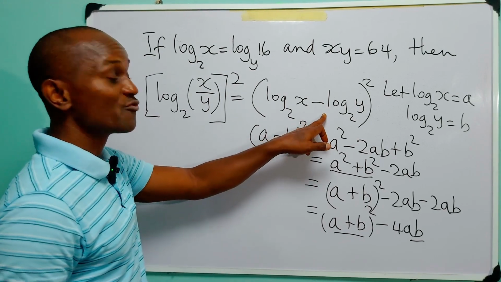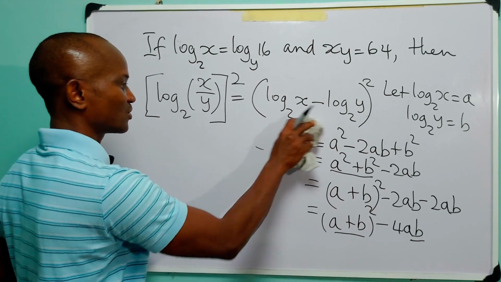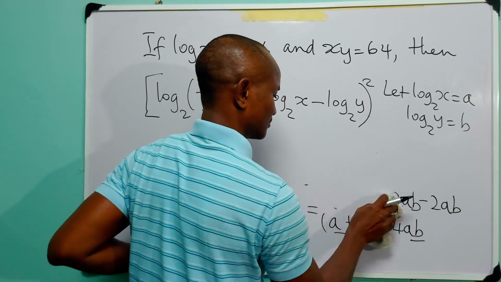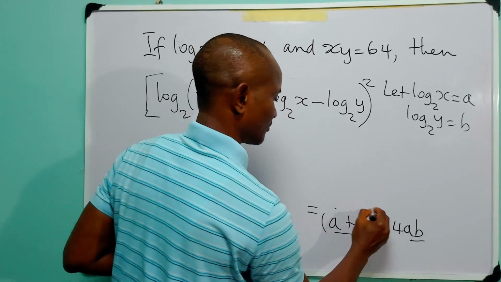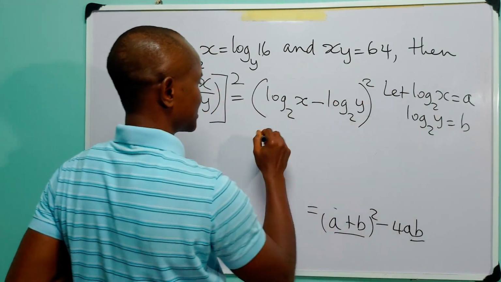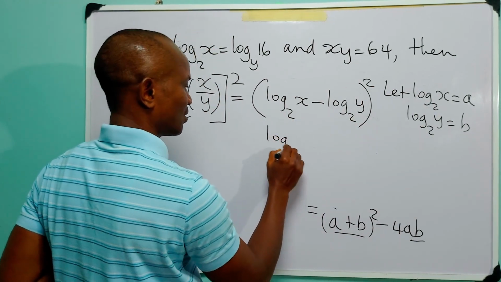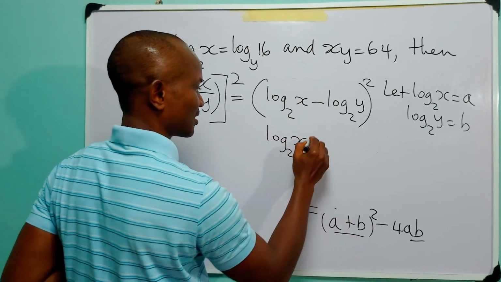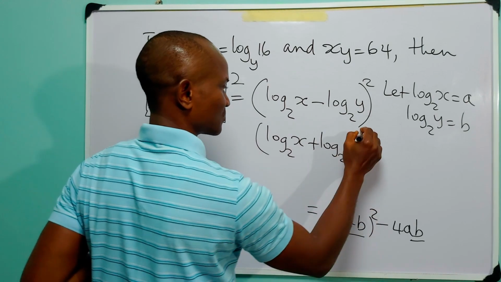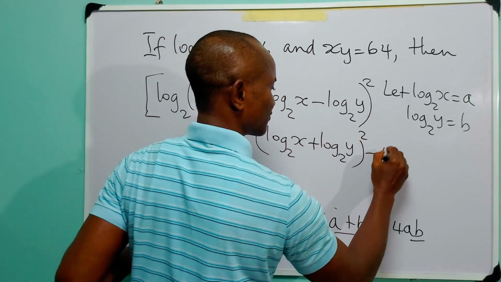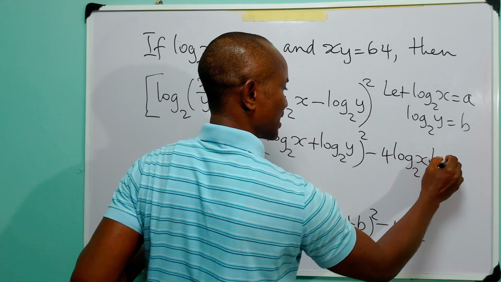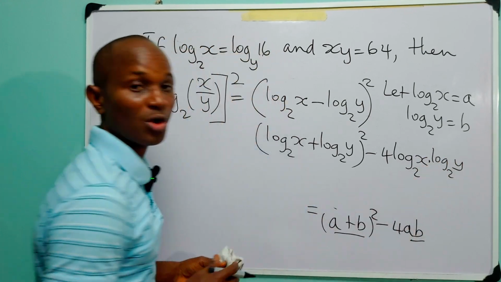Now going back to the original statement, remember that a is equal to log this. So we have log to base 2 of x plus log to base 2 of y squared minus 4 times log to base 2 of x multiplied by log to base 2 of y.